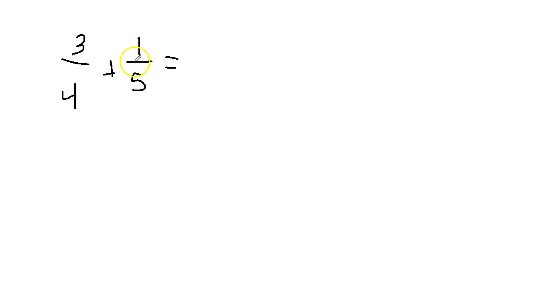The least common multiple of 4 and 5 is 20. What do I need to multiply 4 by to get 20? 5. So 5 times 3 is what? 15. And 5 times 4 is 20.